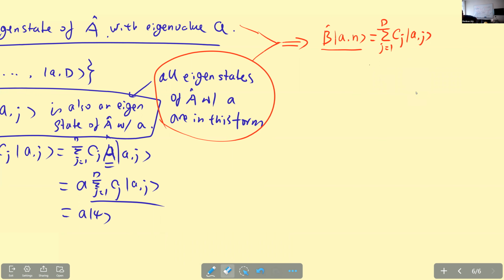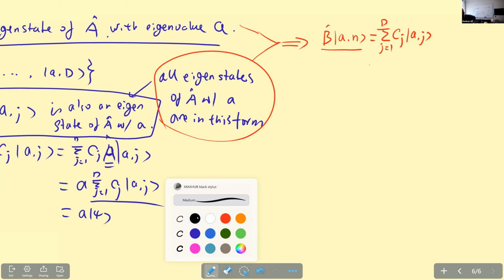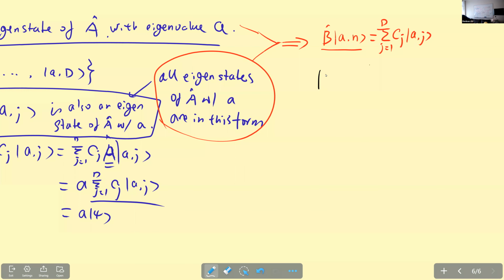So now I can choose a state that's a summation over j of Cj, j equal to 1 to d. So this one is already an eigenstate of psi.